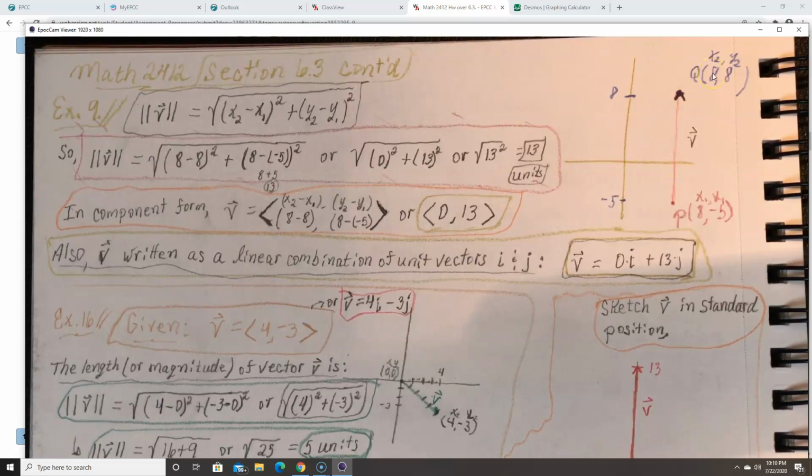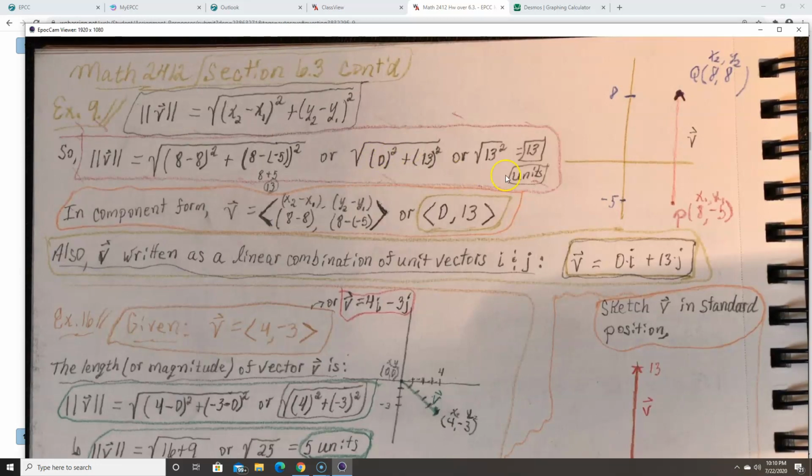So x sub 2 is 8. X sub 1 is also 8 because this is a vertical line and the x values are the same. It's 8 units over, whether we're right here or up here at the top. So 8 minus 8 is your x sub 2 minus your x sub 1, and of course that's going to be 0, so 0 squared.